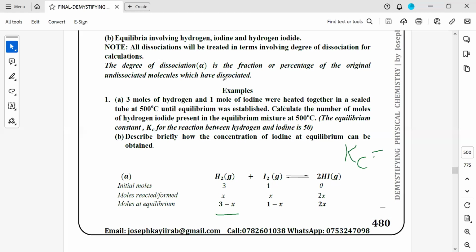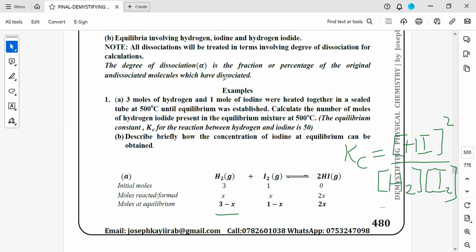So we have Kc is equal to the constant. The appropriate powers on these ones are ones, so we may as well ignore them.